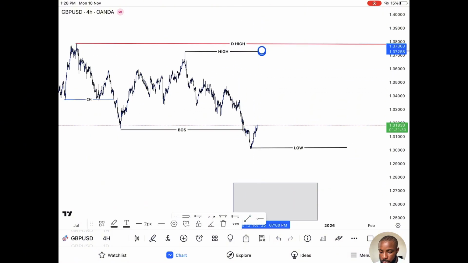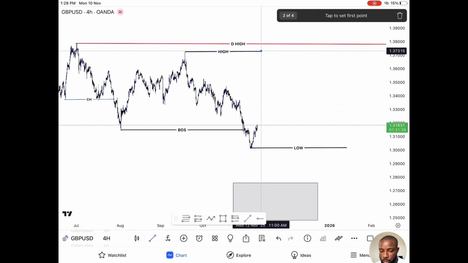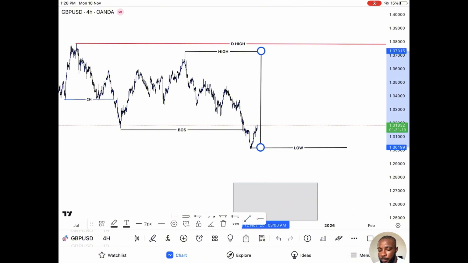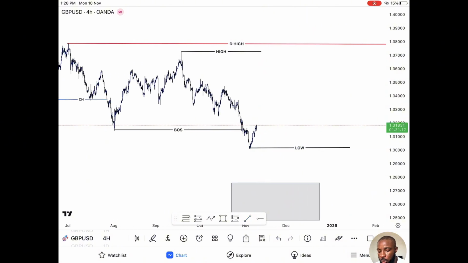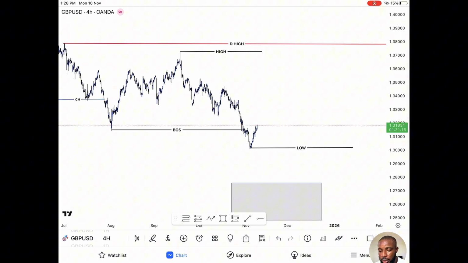So from this high to this low is our 4 hour trading range. Which means if we should be selling on the 4 hour, we should be looking for the sell within this area. From this high to this low is what we're expecting to sell from.